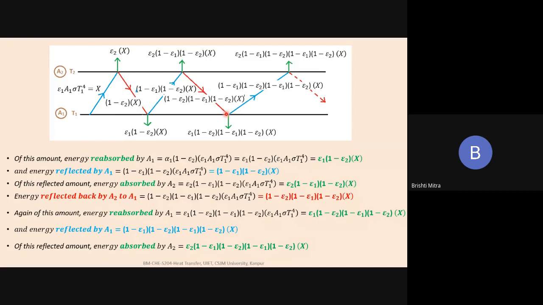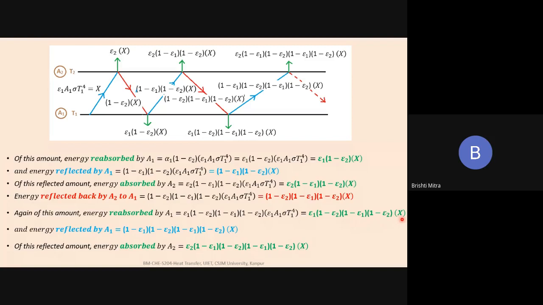Again, whatever falls out here, epsilon 1 part is absorbed. Actually, alpha 1 part is absorbed, alpha 1 being equal to epsilon 1, and the 1 minus epsilon 1 part is reflected back. So what is the part that is absorbed? Epsilon 1 into 1 minus epsilon 2 into 1 minus epsilon 1 into 1 minus epsilon 2 into x.